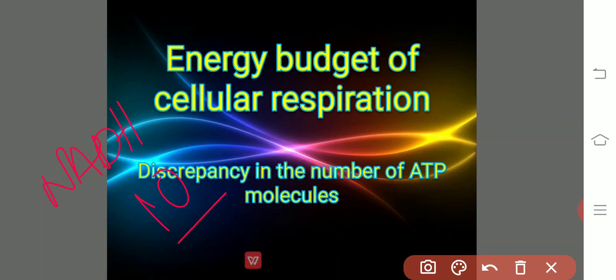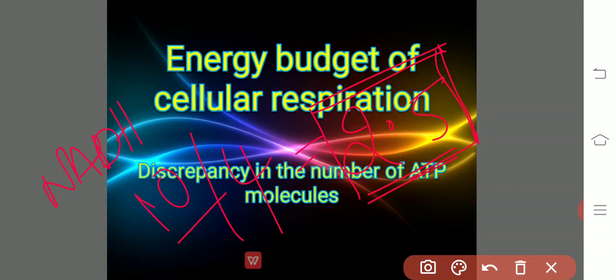And that indicates that, to synthesize one ATP, it requires 4 protons, so it becomes 2.5. So previously we thought that from NADH 3 ATPs may form, but according to the chemiosmosis theory it becomes 2.5 instead of 3.